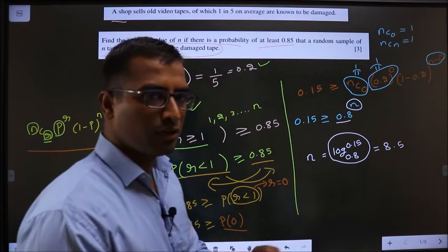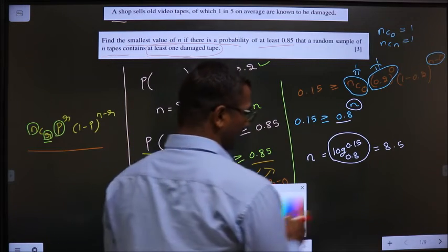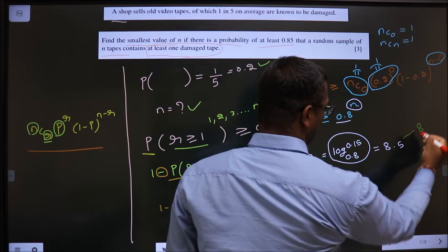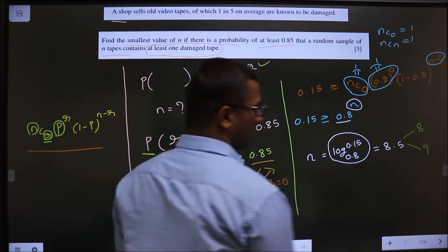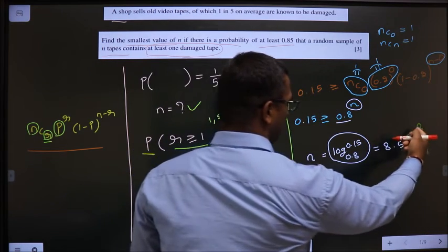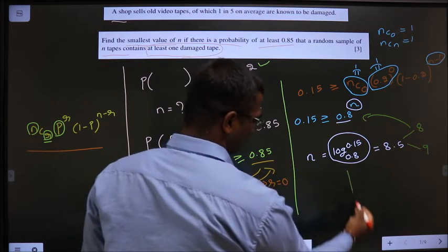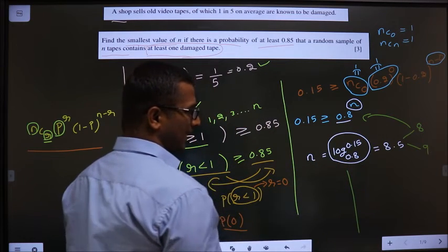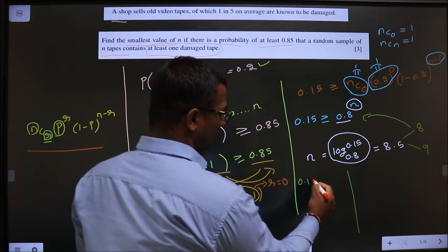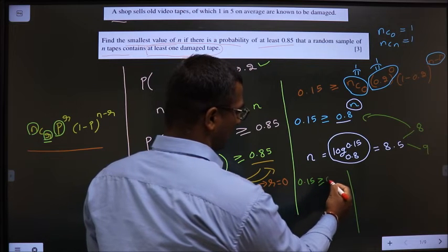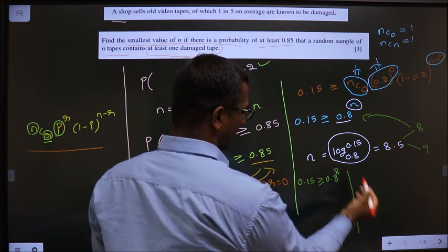Okay, now you need to decide whether it will be 8 or will it be 9. How do you decide? By replacing them in this. So when I replace 8, check, is 0.15 greater than or equal to 0.8 power 8?